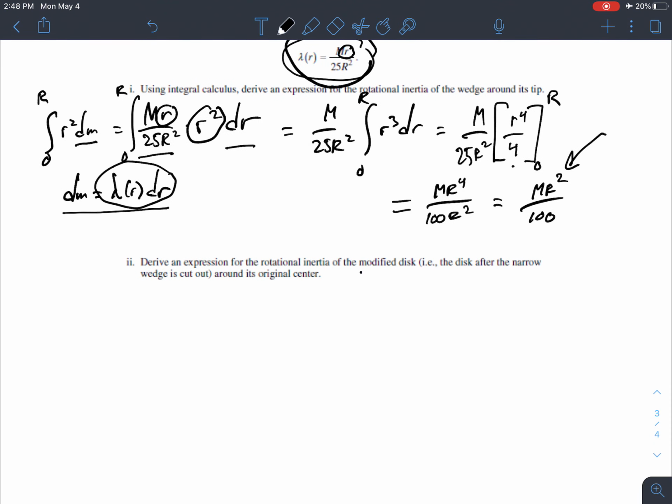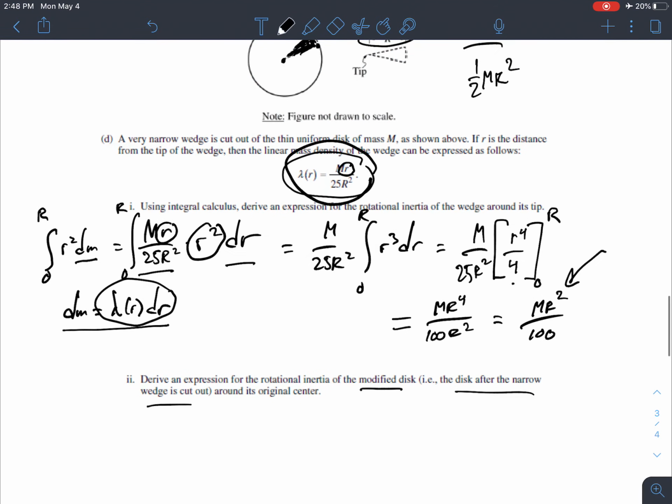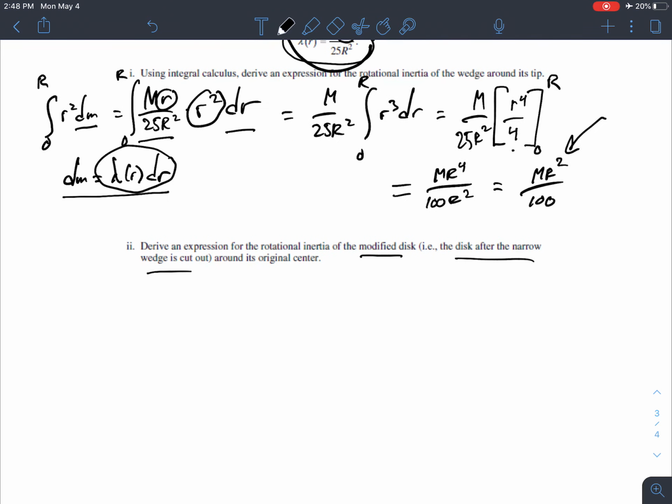And then here, derive an expression for the rotational inertia of the modified disk, the disk after the narrow wedge is cut out. Well, if it is a uniform disk, so we have I disk, and we're removing a wedge, these are just like masses. This is like cutting off a little piece of mass.